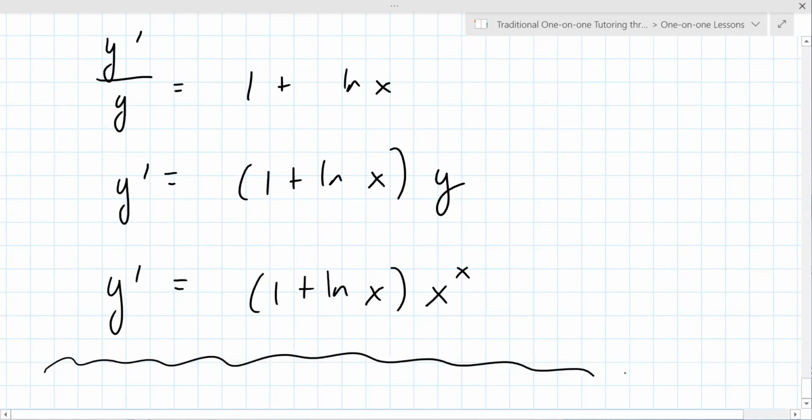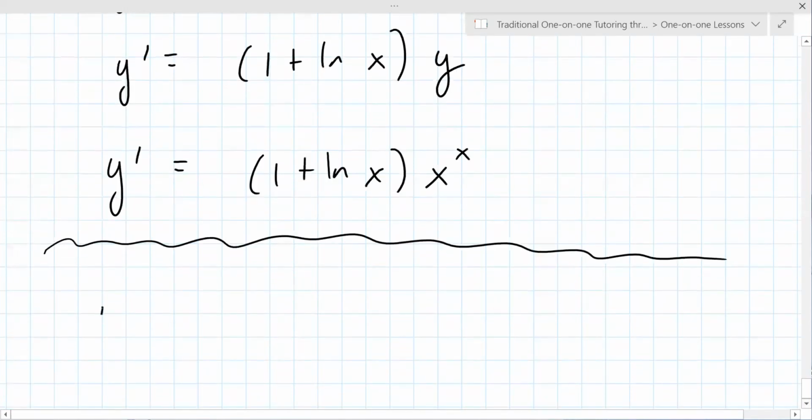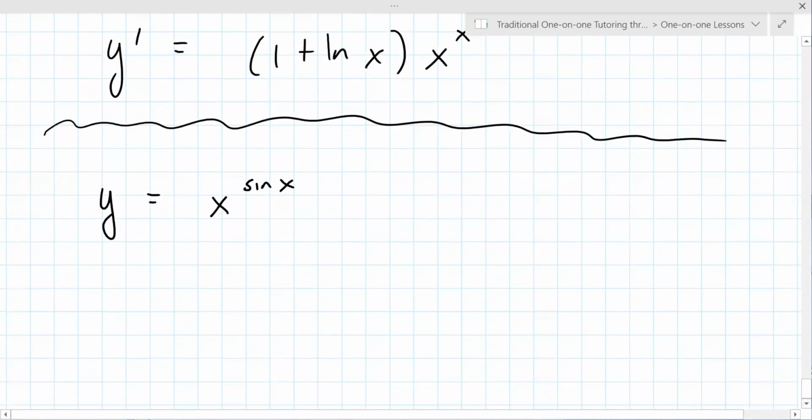So if you kind of got that down, let me give you one like it. All right. So let's say y equals x to the sine x. It's the same problem, same steps, natural log of both sides, y prime over y on the left, product rule on the right. Give this one a shot, okay?